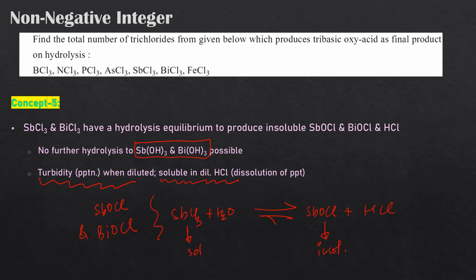So this is an interesting case where putting water, like making it diluted, is going to give you precipitation. And if you are putting HCl, this is going to dissolve the things. This is something we have not seen in other cases, but this is a very interesting case where the partial hydrolysis of the arsenic and antimony chlorides is resulting in the precipitation. That precipitation is seen as turbidity.